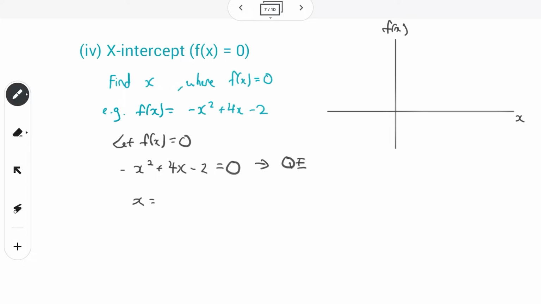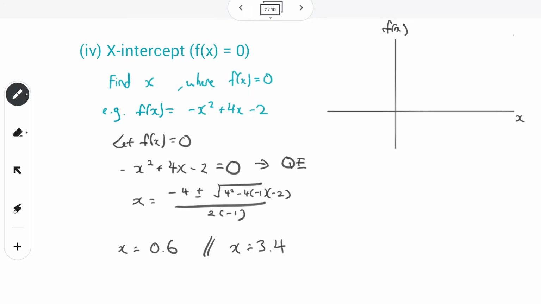And this will give us x equals -b plus or minus the square root of b squared minus 4ac, over 2a. And this will give us 2 values, x equals 0.6 or x equals 3.4.